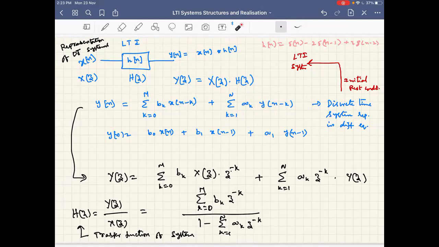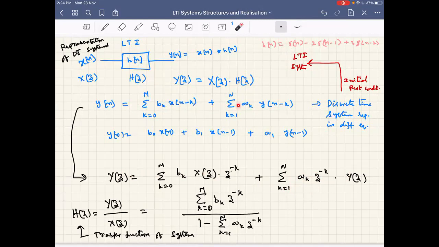If H of z has this form, the numerator corresponds to the delays in x of n, whereas the denominator corresponds to the delays or the previous versions of y of n. Okay, so as you can see from this expansion, this is the general form of the system, any discrete time system, not necessarily an LTI system even. And this under initial rest conditions is an LTI system.